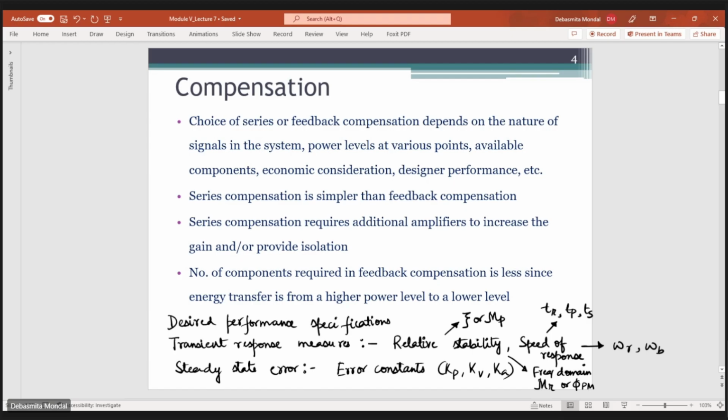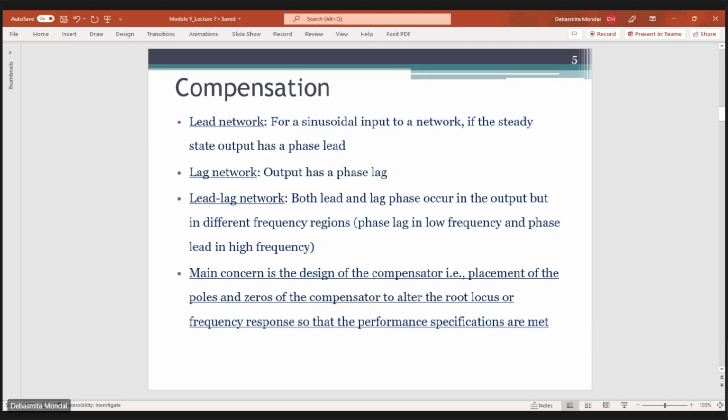There are three types of compensation. The first type is lead compensation, then you can have lag compensation, and a combination, that is lead-lag compensation.